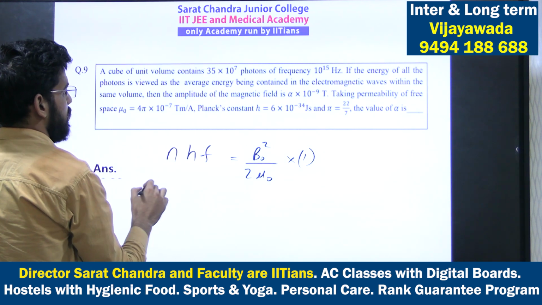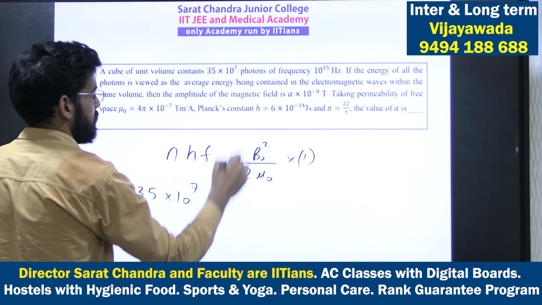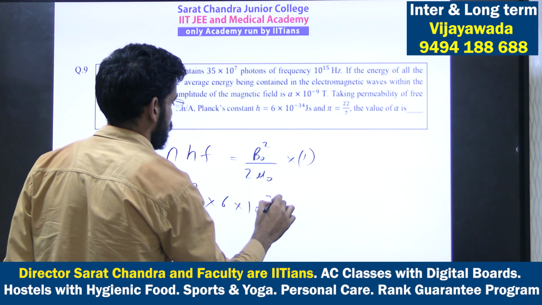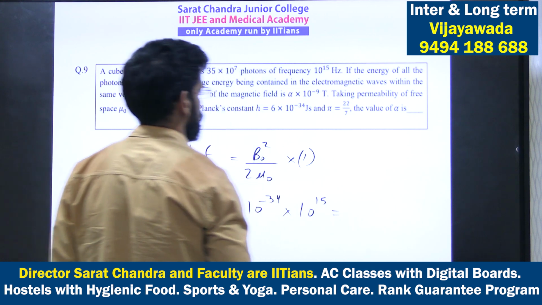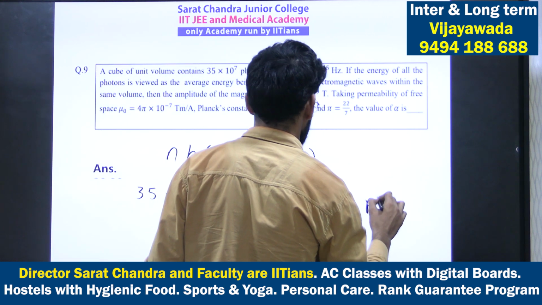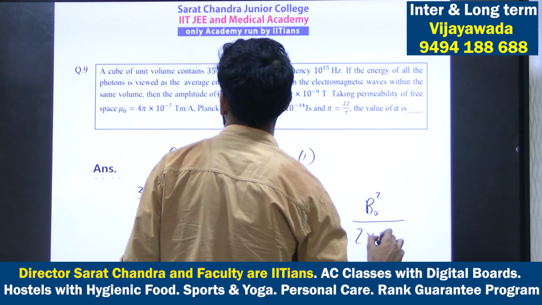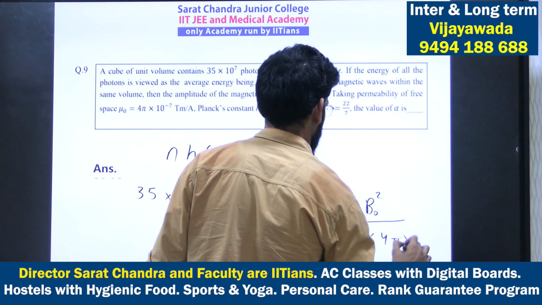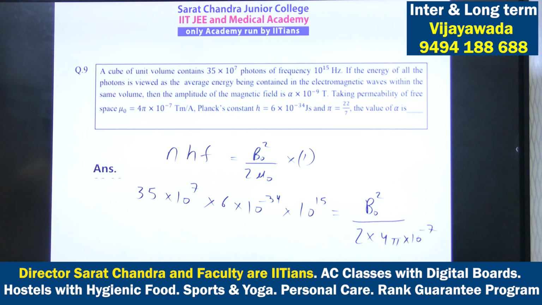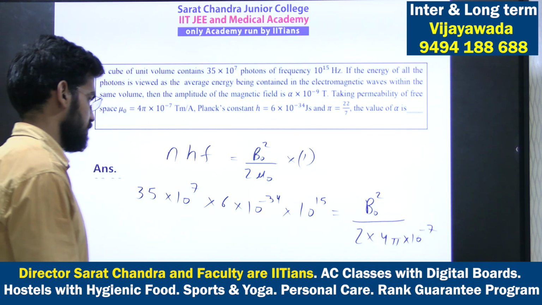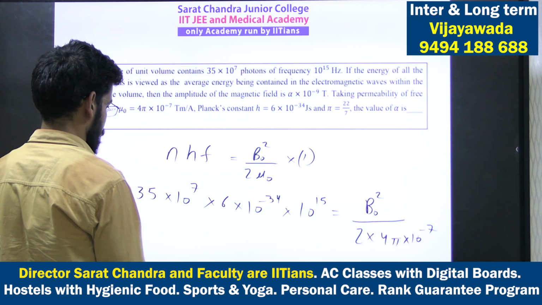Put the value of N: 35 into 10 to the power 7 into h, Planck's constant 6 into 10 to the power minus 34, into f value 10 to the power 15, is equal to B naught square, you have to calculate, divided by 2 into mu naught. Mu naught is given as 4 pi into 10 to the power minus 7. Pi you can also put as 22 by 7. So from here B naught, let's take everything this side. So you can write down 35 into 2.